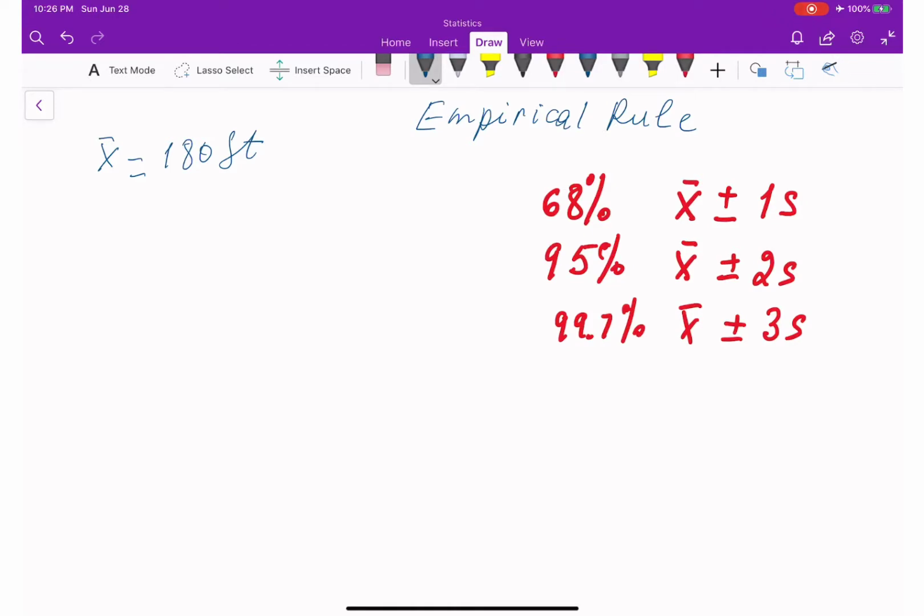That's going to be your standard deviation from the sample. So we need to know what percent of white pines will fit between 150 and 210 feet.